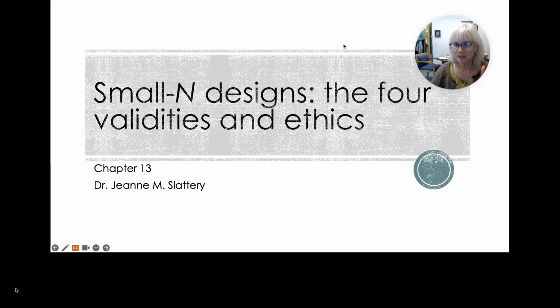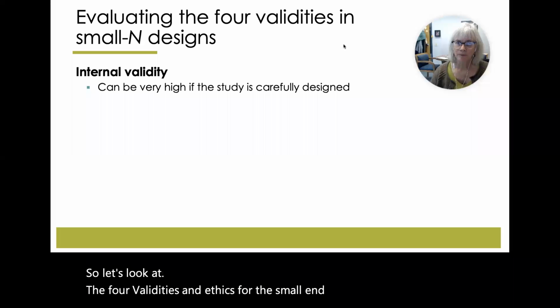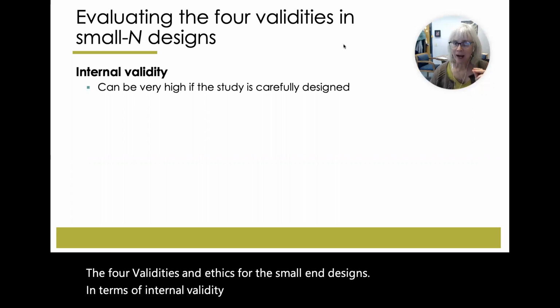So let's look at the 4 validities and ethics for the small n designs. In terms of internal validity, it can be very high if the study is carefully designed.